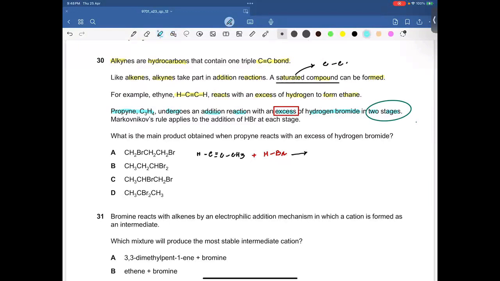Markovnikov rule applies to the addition of HBr at each stage. We have discussed Markovnikov rule.